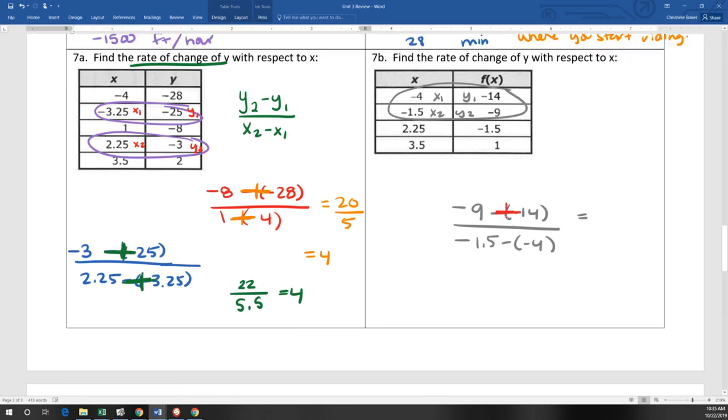Negative, negative is going to become a positive, and -9 plus 14 is 5. And -1.5 plus 4 is 2.5. Use my calculator. 5 divided by 2.5 is 2.